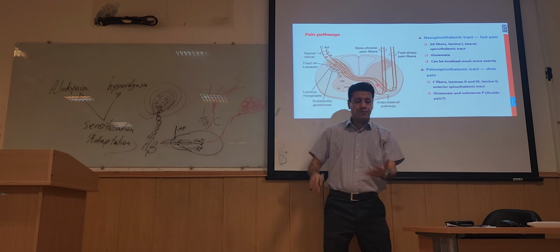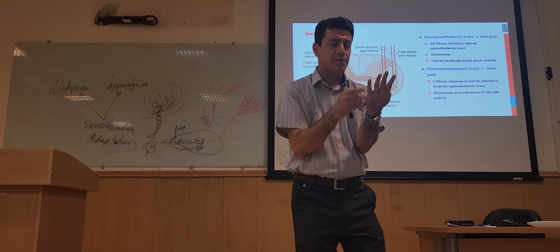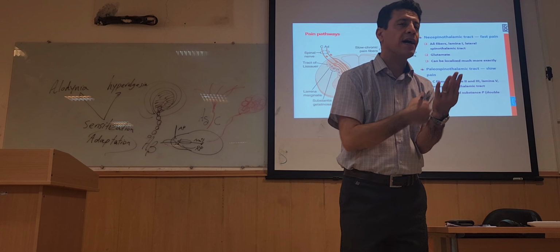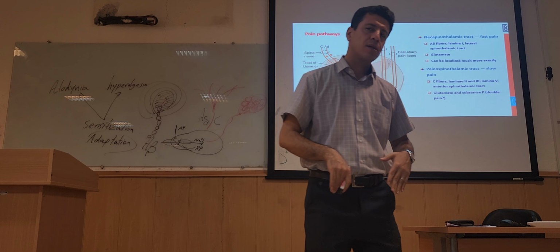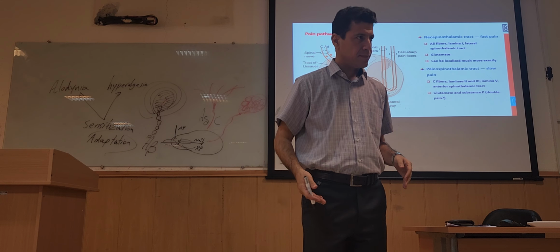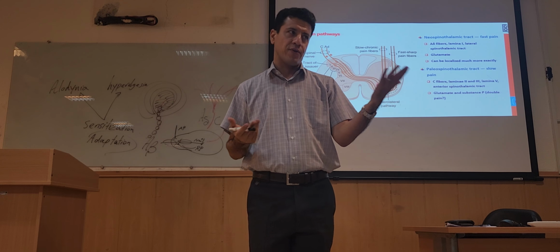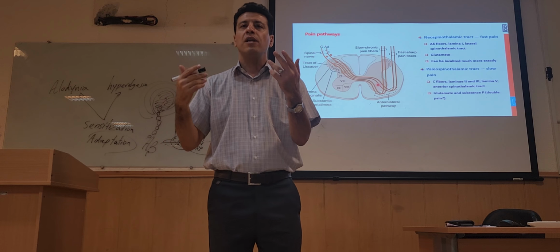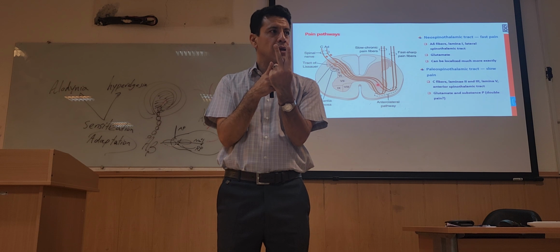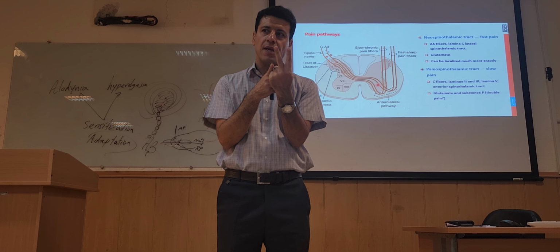Okay. So you know the nociceptors, free nerve endings. You know the fibers, A delta, C. What about the tract? Spinal tract. Spinothalamic tract. So generally we have 2 tracts, DCML and anterolateral.